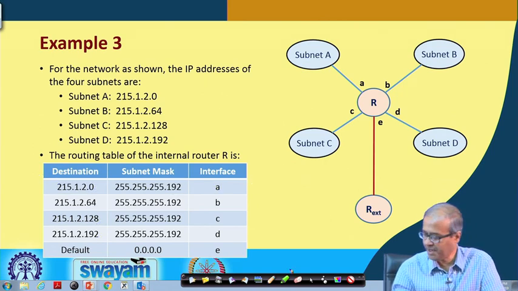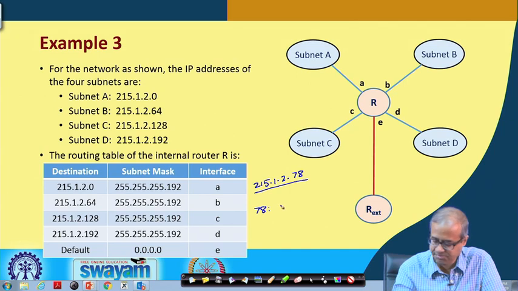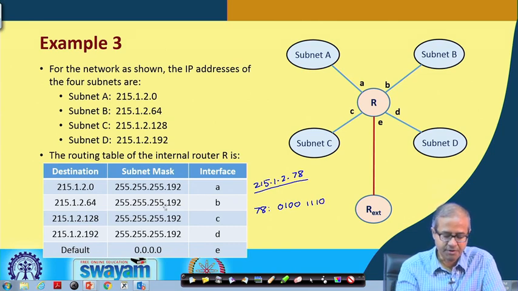Let us look at the second packet now. The second packet had the address 215.1.2.78. Now, what is 78 in binary? 78 in binary is 0 1 0 0 1 1 1 0. If you do a bit by bit ANDing with the mask, 192 is this.